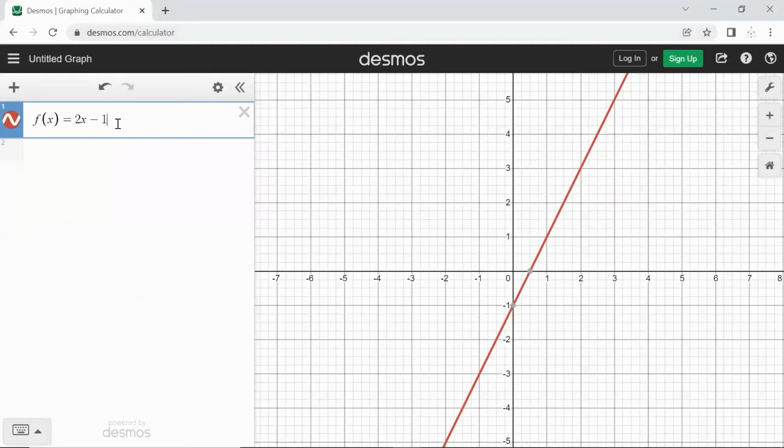I have graphed f of x equals 2x minus 1 in Desmos. As you can see here, between an x value of 0 and an x value of 3, certain parts of the line are above the x-axis and certain parts are below.